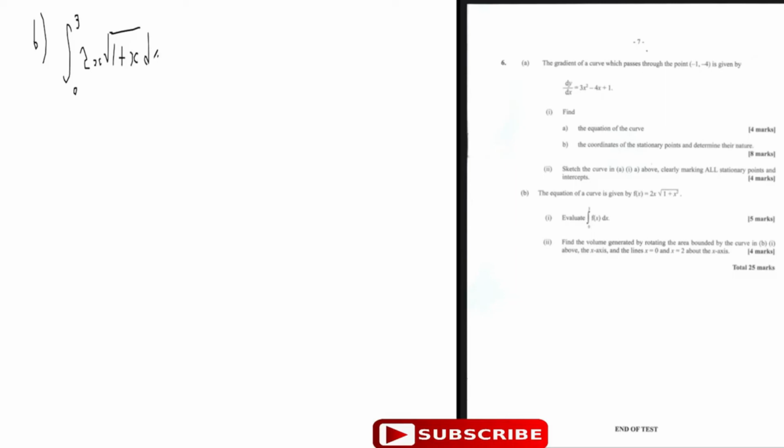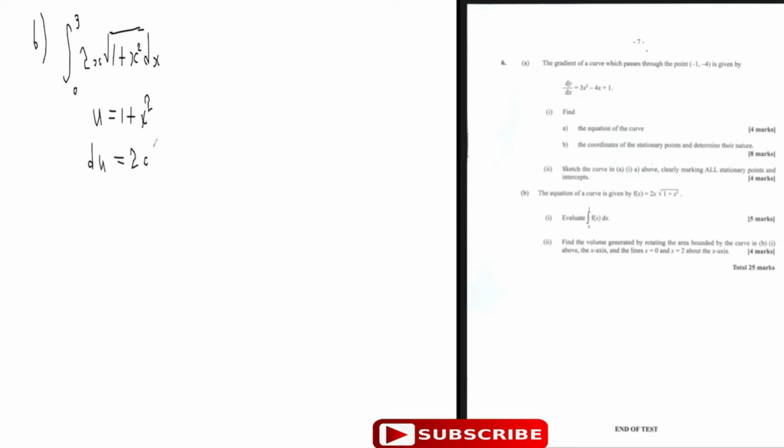Now to do this integral, you can use substitution. You can call u equal to 1 plus x squared. If u is equal to 1 plus x squared, then du is going to be equal to 2x dx.